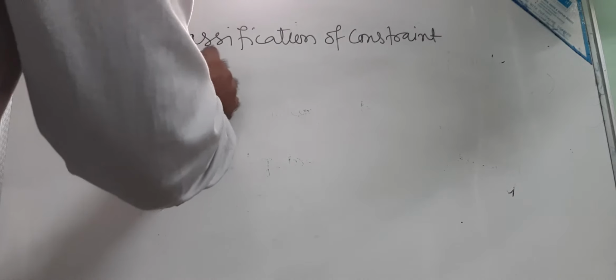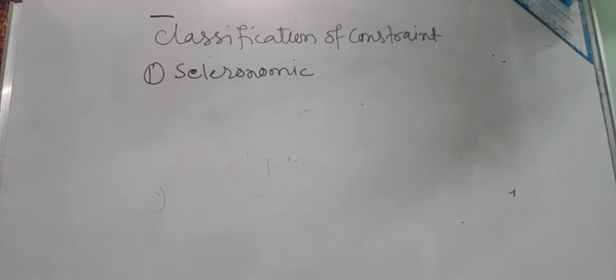Considering these types, number 1 is the scleronomic constraint. A scleronomic constraint relation does not explicitly depend on time.